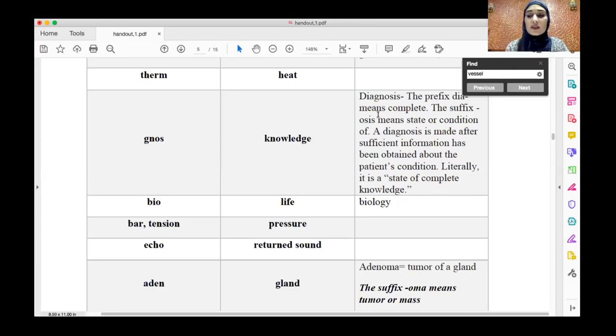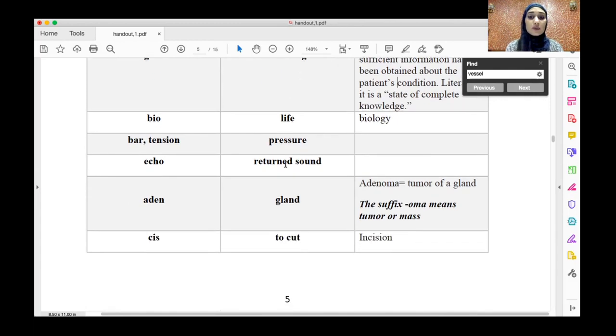So in diagnosis, we have the prefix dia. Dia means complete, and as we said, gnos means knowledge, and osis means condition. So the literal meaning of this word is a state of complete knowledge. And of course, the general meaning is that we have sufficient information about a patient in order to know what this patient complains about.